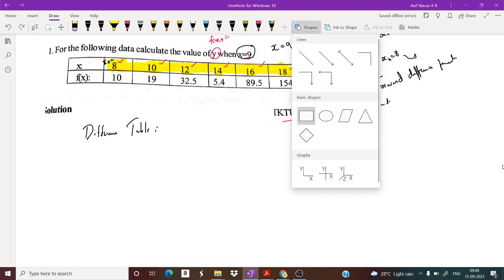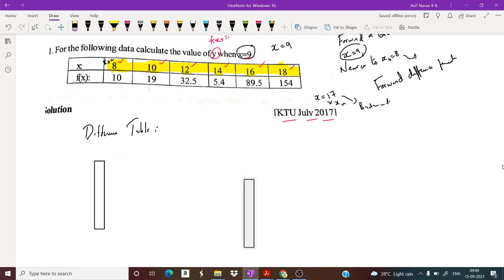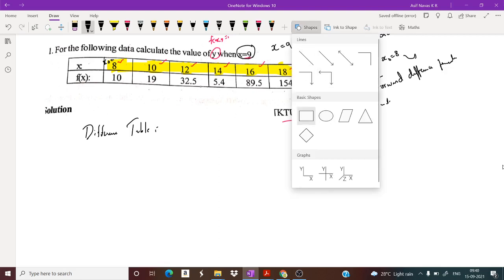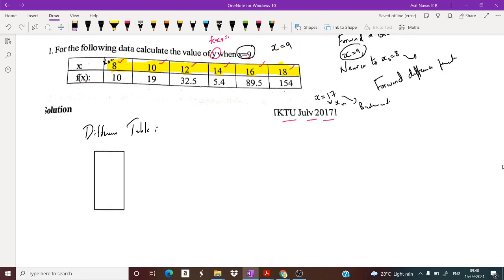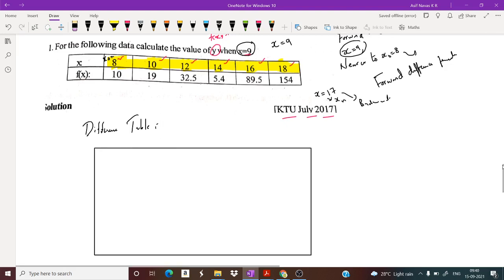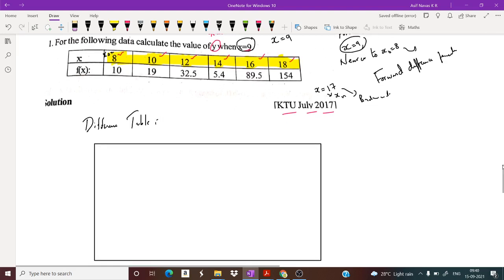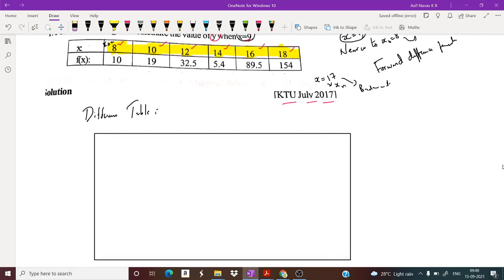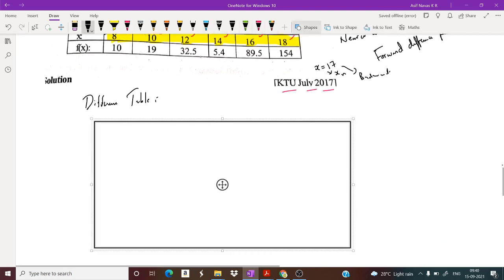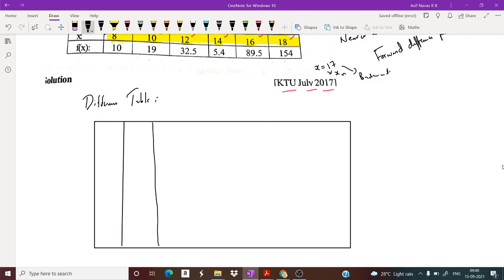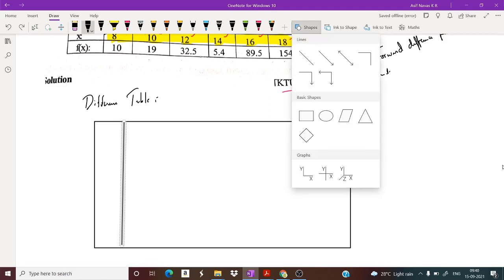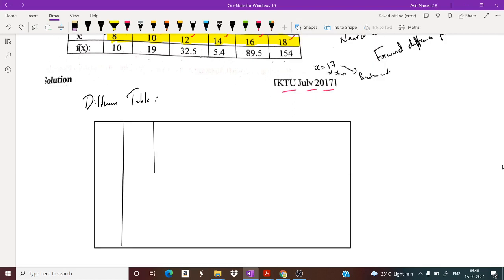There are x values and y values. Okay, now x values are there, y values.